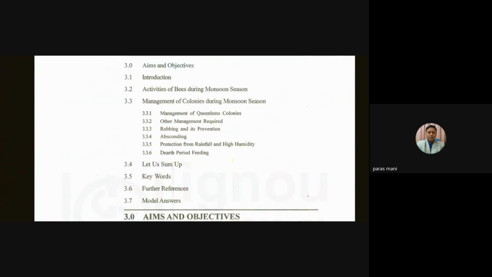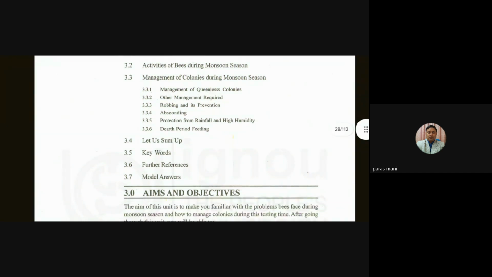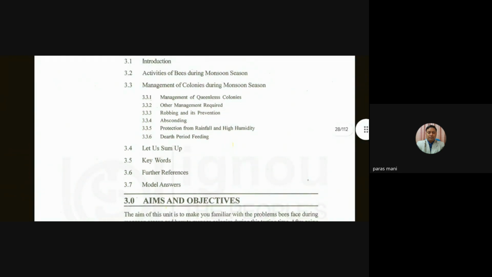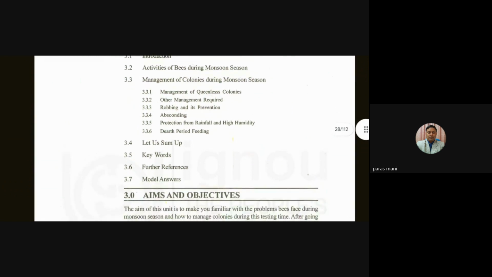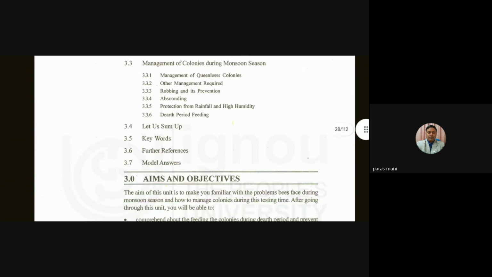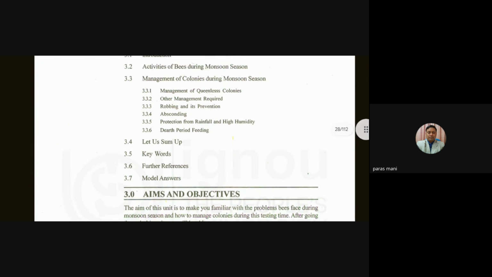And also high humidity may lead to fungal growth in the colony, and due to that there may be chances of secondary infection and other pest incidences like wax moth and other things. And also, as it is the dearth period, we have to feed artificially to the bees of our colony.